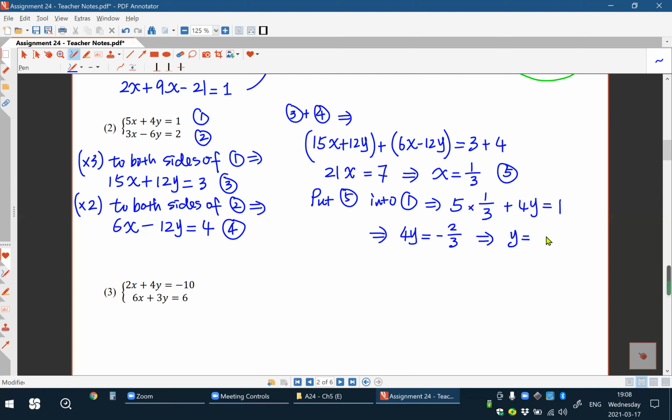And y is minus 1/6. So the final solution is x is 1 over 3 and y is minus 1/6. Okay, any questions? Have a look at this.